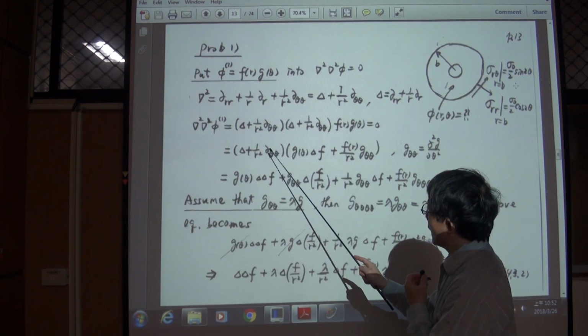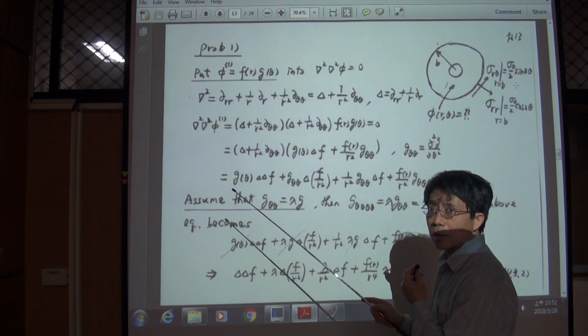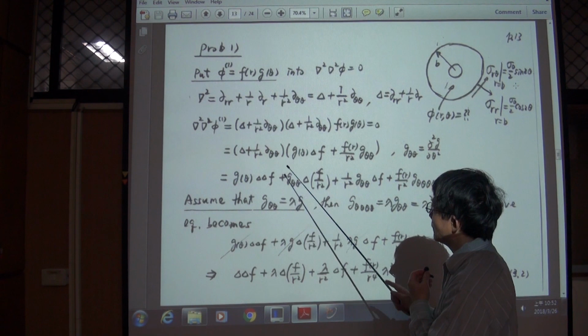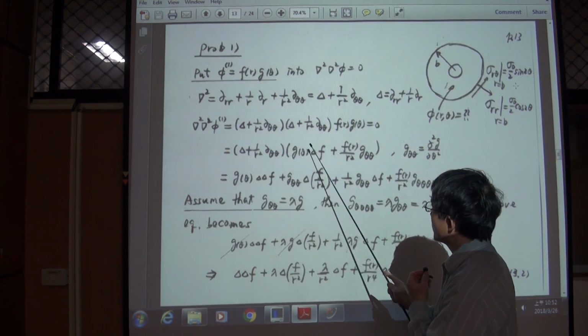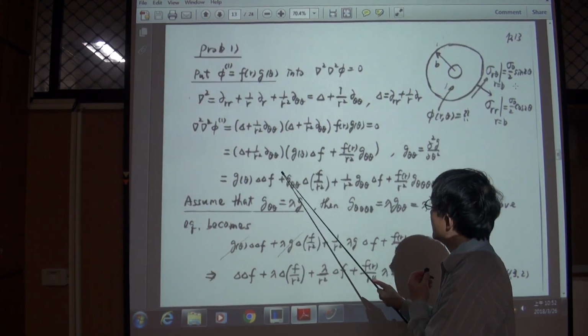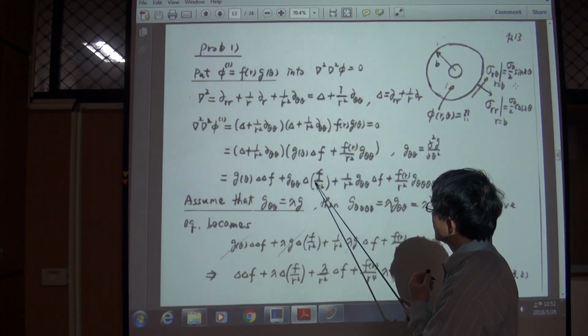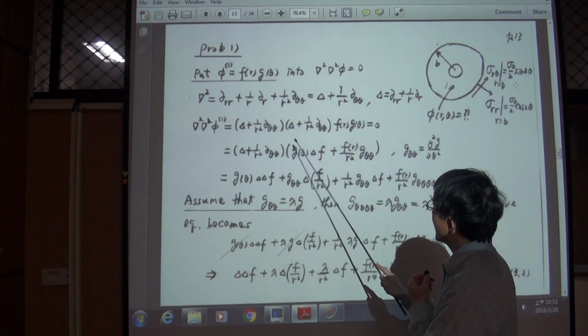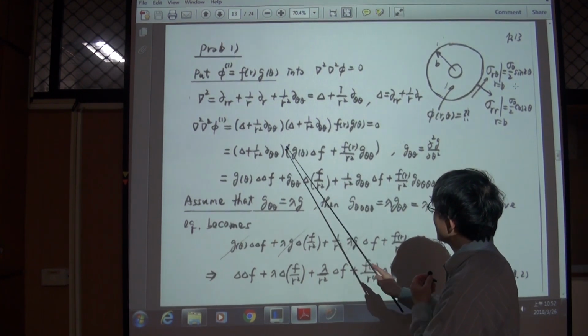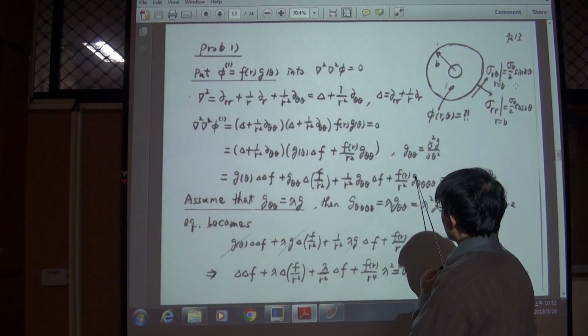Then we carry out the differentiation again. This one applies here to get this one, and this one applies here to get this one, and so on.